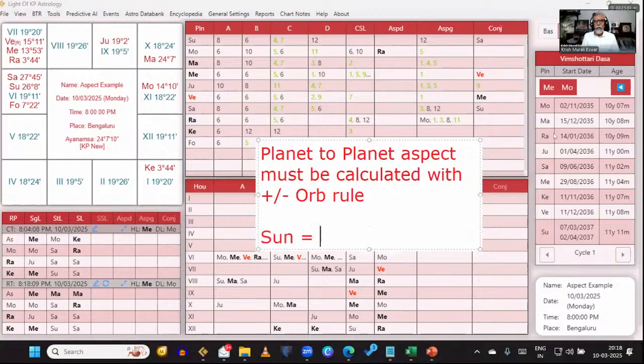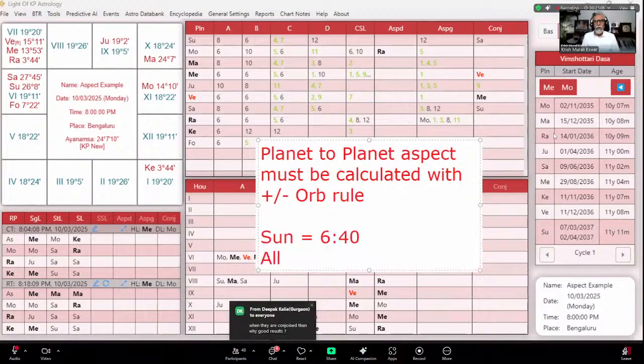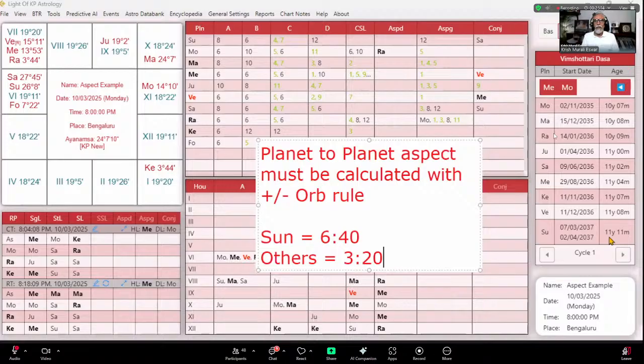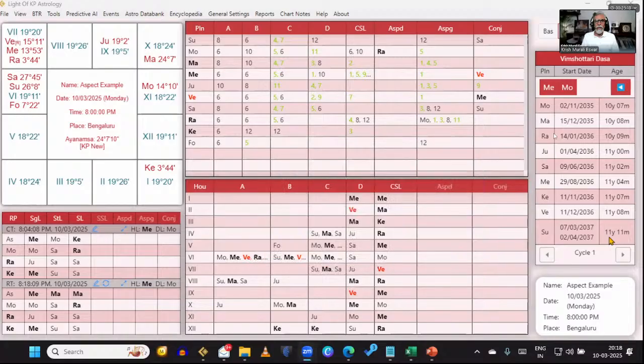Sun has an orb of 6.40. All others have a 3.2 degree aspect to each other. So you should calculate plus or minus so that you understand this very clearly.